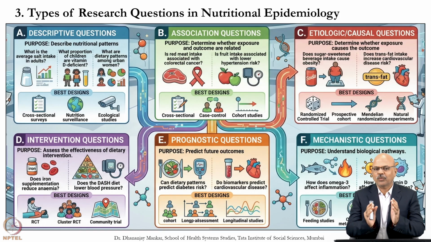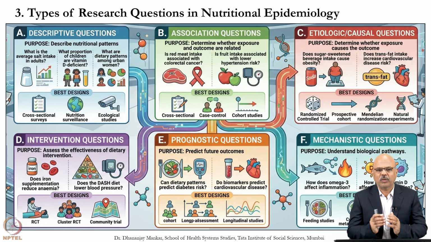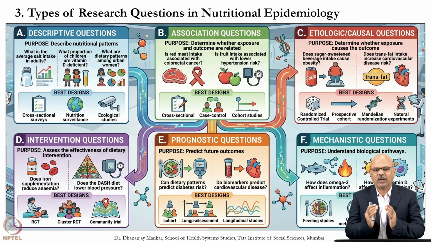Okay, then comes association questions. These are also very important, and many times you have seen in a lot of nutrition studies, association questions come. The purpose of putting an association question is to determine whether exposure and the outcome are related or not. Okay, now you will have an association very clearly stated in this example.